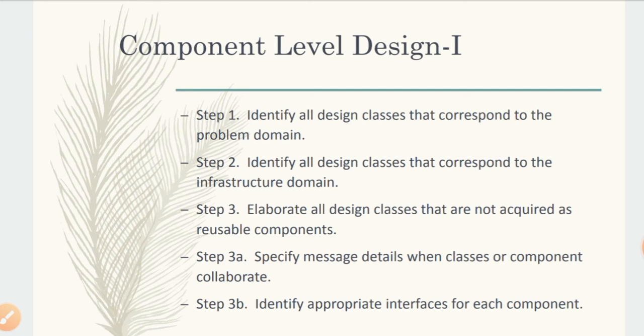Step 3a is to specify message details when classes or components collaborate. That is, once your file is given as an input to your printer, a message should be displayed, that printing is in progress or your file is sent to the printer. Step 3b is to identify appropriate interfaces for each component. That is, the interface for each component is your printer for your page.